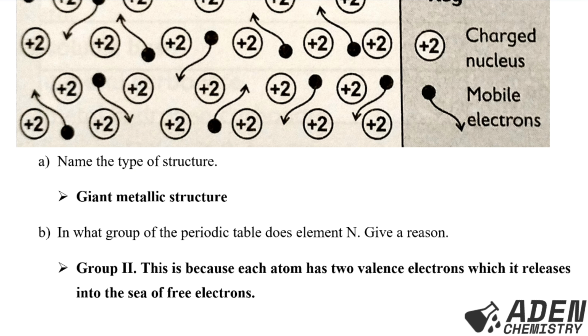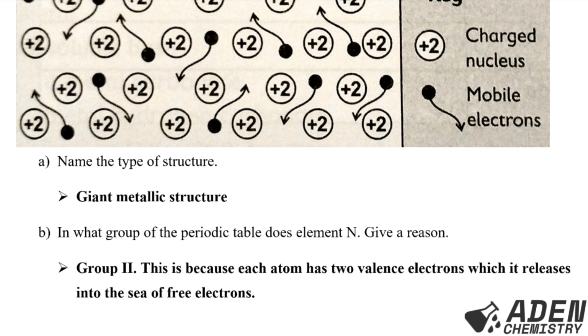In part B, we are told in what group of the periodic table does element N belong. We are told to give a reason. So here we are told in what group, but during the exam you can be told in what family of the periodic table does element N belong. The way you see this element N or this structure has a charge of +2. So that means it has lost 2 electrons to obtain the charge +2.